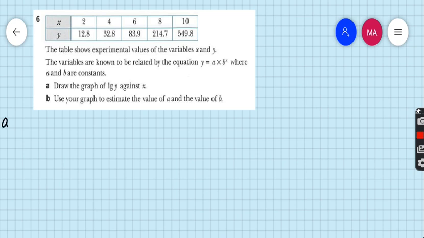So part A, first we have to make the table. Values of x remain the same, 2, 4, 6, 8, 10, and log y. Find the logarithm of all y values. So log 12.8 is 1.1.